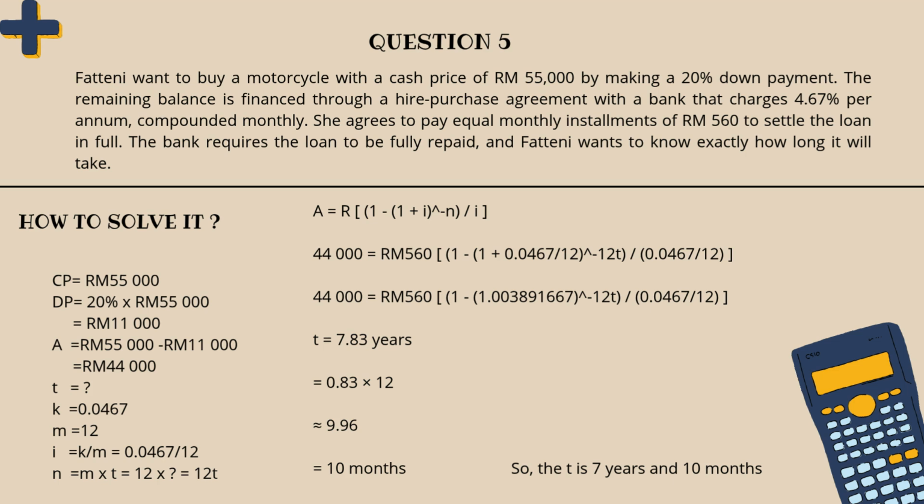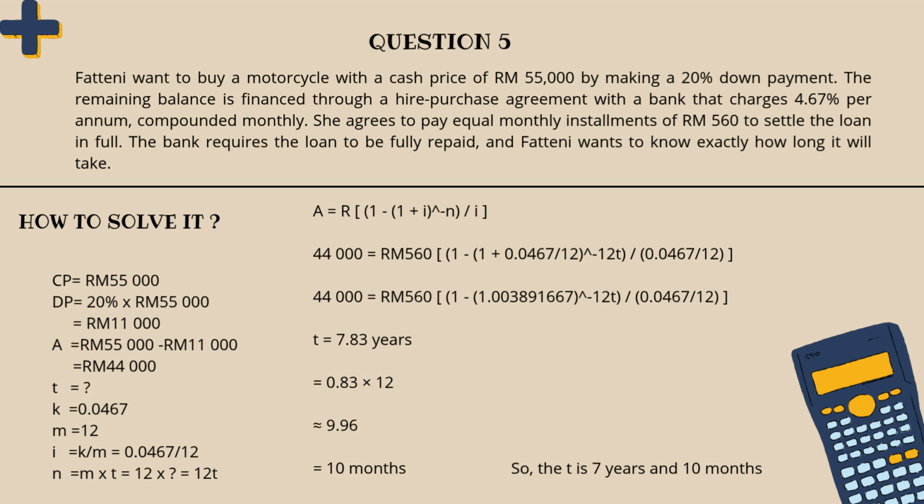She agrees to pay equal monthly installments of 560 ringgit Malaysia to settle the loan in full. The bank requires the loan to be fully repaid, and Fatani wants to know exactly how long it will take.